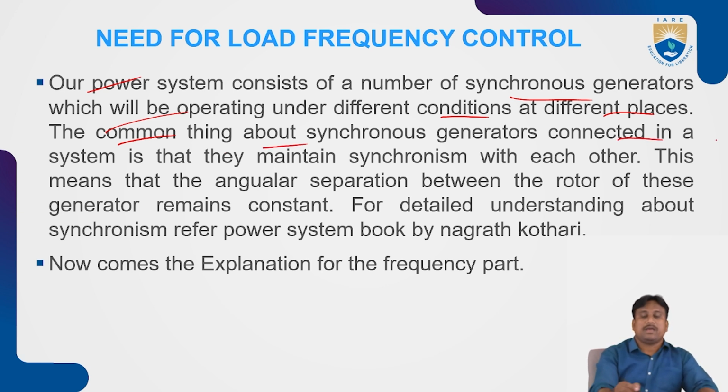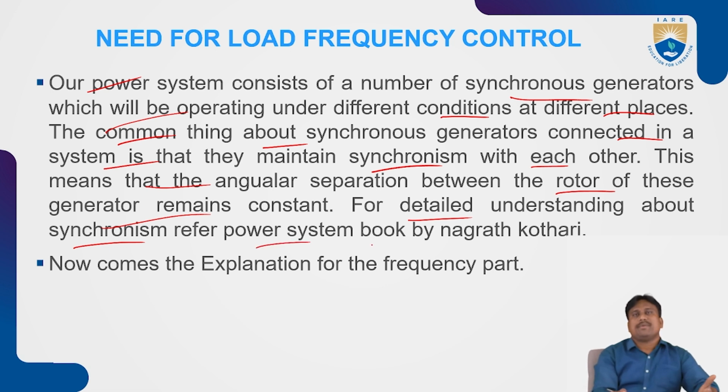They are connected in a system so that they maintain synchronism. When they are in synchronism with each other, the angular separation between the rotors of the generators remains constant. To understand these synchronism parameters suitably, we should refer to many parameters related to the power system.